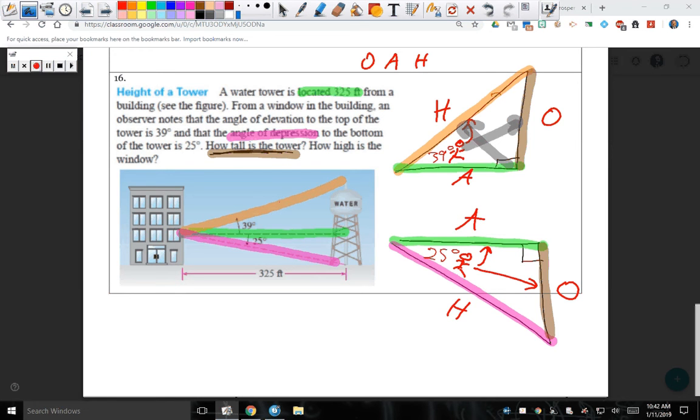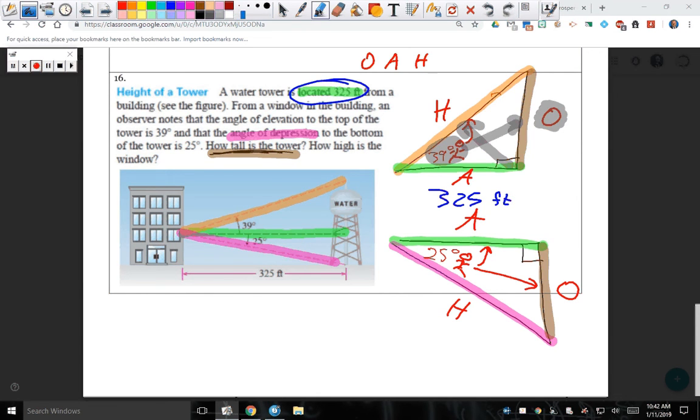So, for the first triangle, highlighting where I'm at, I need to know this, and I'm given which one? You got to ask yourself, which one am I given? An H or an A? I'm given an A. What is the value of A? 325 feet is A. Okay?